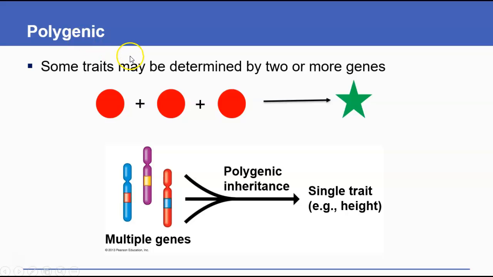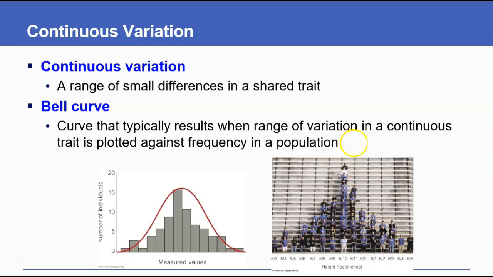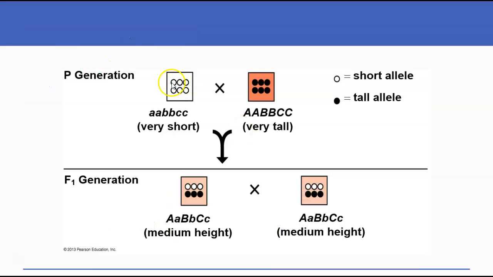Polygenic traits are basically the opposite, where there's one phenotype, but many different genes are playing a role in determining that single trait. For these types of traits that have multiple genes involved, what we typically see is what we call continuous variation. In this case, we're looking at height, where I'm just saying 3 genes are involved.